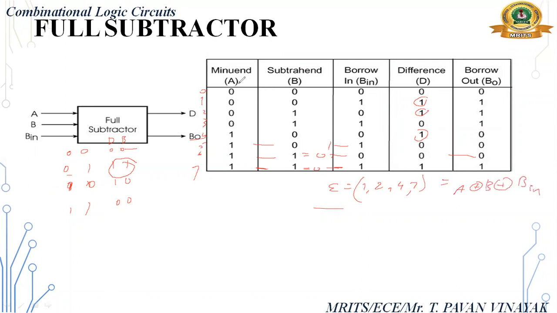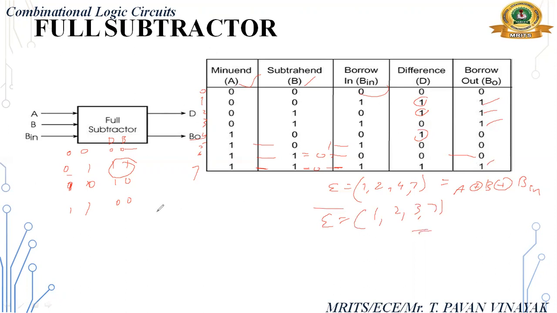Here I gave the variables like this: A, B, B in. Next, the borrow output is sigma 1, 2, 3, 7.